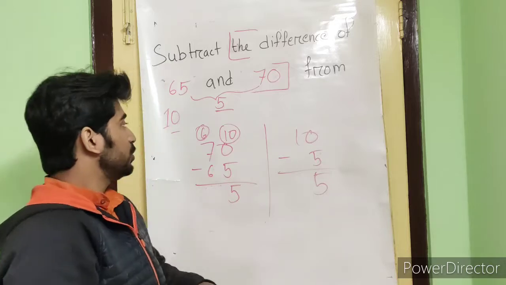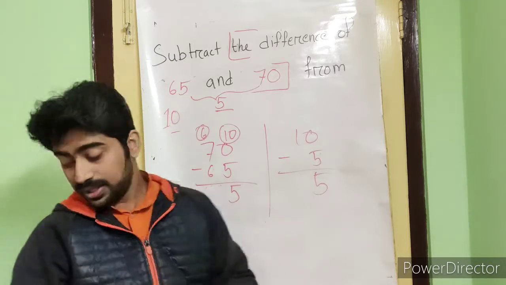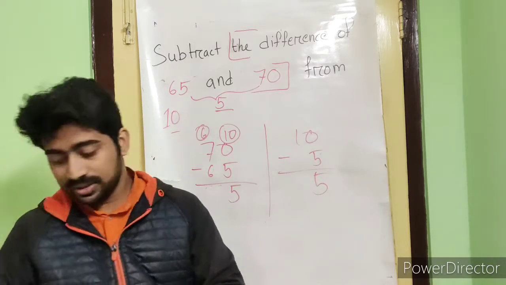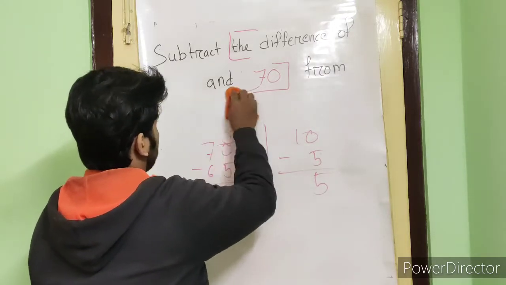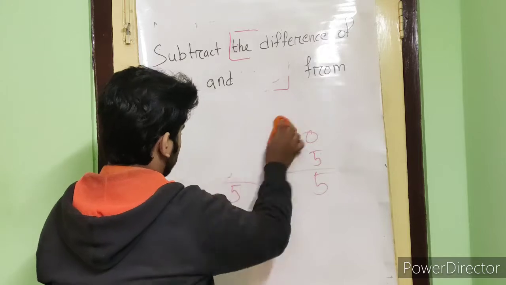Okay, now what to do? See, you are in class 3, so you will be provided with the larger digits. So I am rubbing it and I am writing the actual digit.